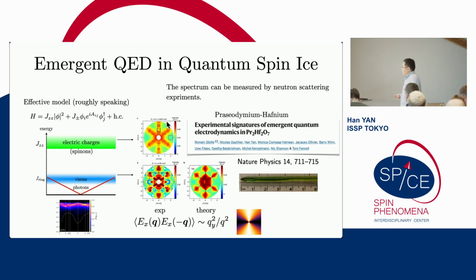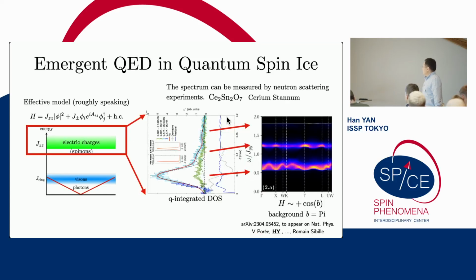Of course, there are always some other possibilities that you cannot entirely rule out, but at least this evidence is somewhat strong support that this material is hosting a quantum spin ice phase. In another material, cerium stannate, what we see is this Q-integrated density of states, again measured by neutrons.